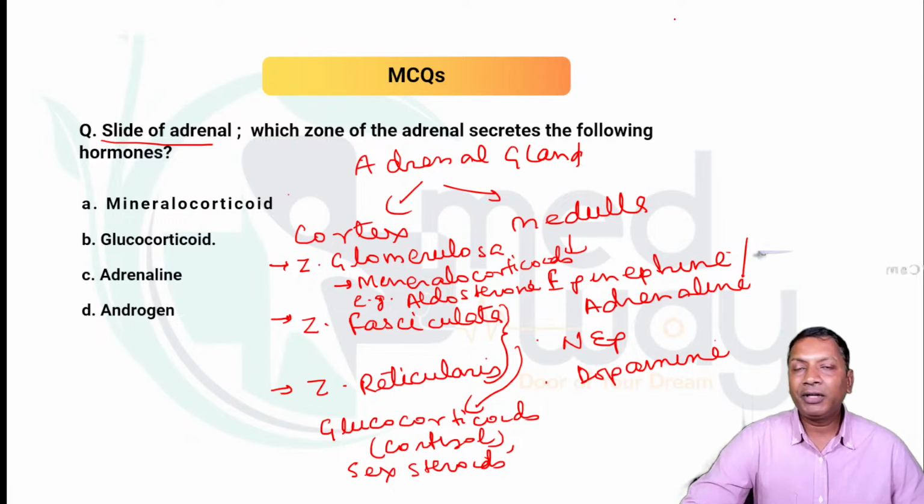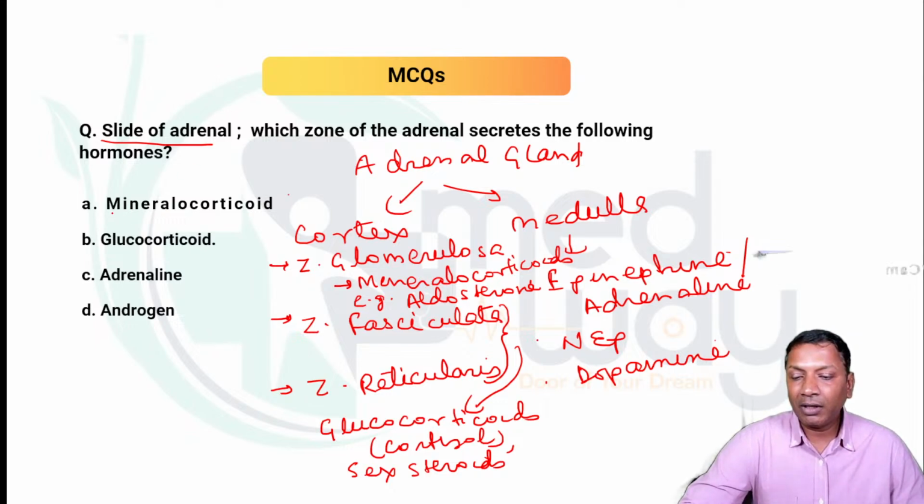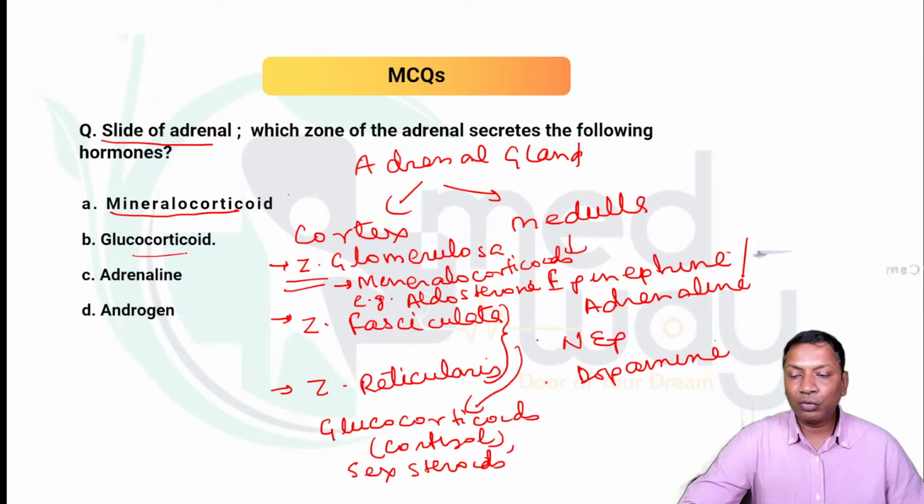Whatever option matches the theory part which I have explained will be the correct answer. If option A is mineralocorticoid, this will match with the zona glomerulosa. The glucocorticoid will match with the zona fasciculata, because the zona fasciculata mainly produces glucocorticoid, and a small amount is also secreted by the zona reticularis.